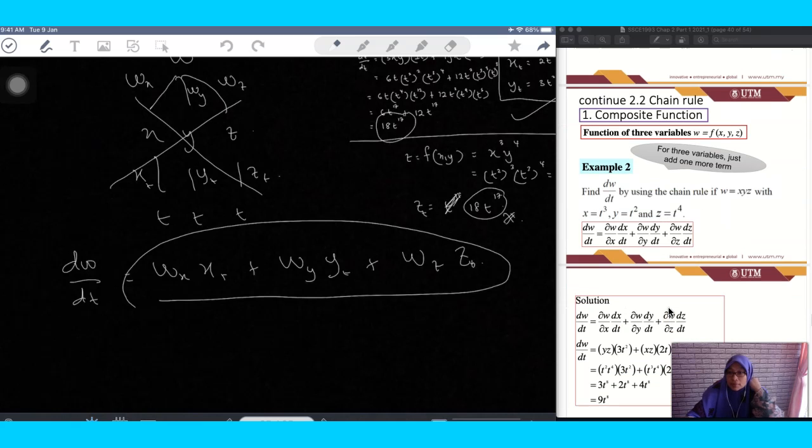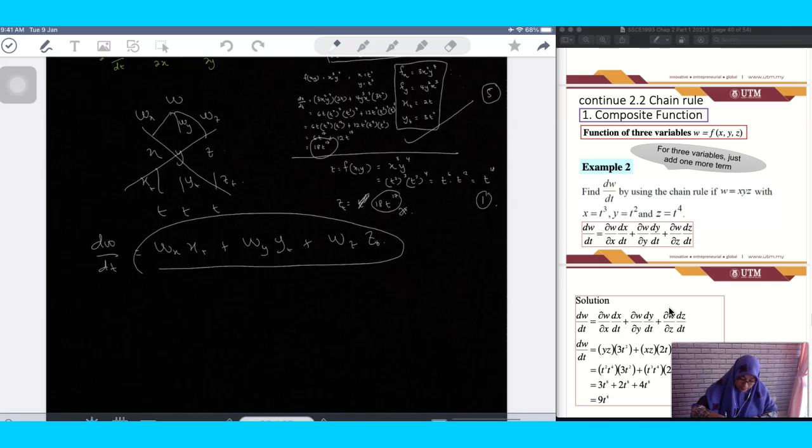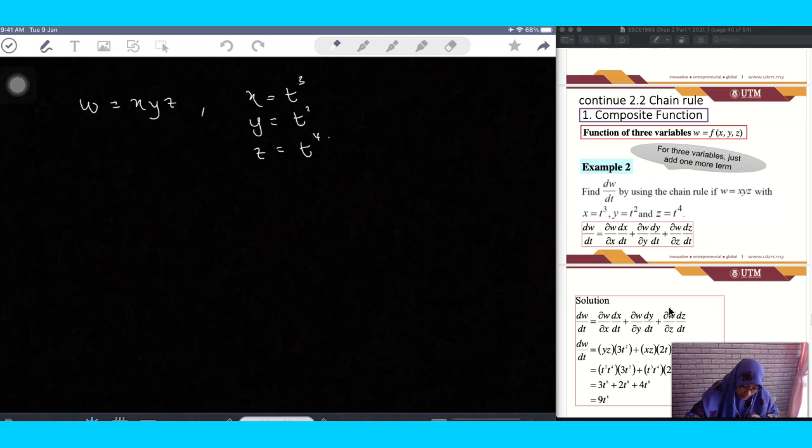Okay, you have to find dw/dt. Why do we use d here? Because there is only a single parameter. So w is xyz, and x is t cubed, y is t squared, and z is t to the power 4.